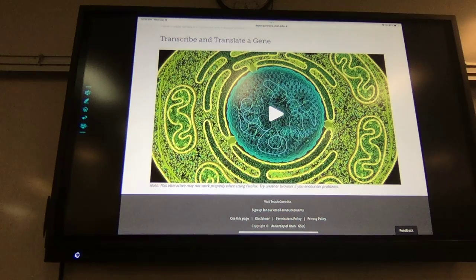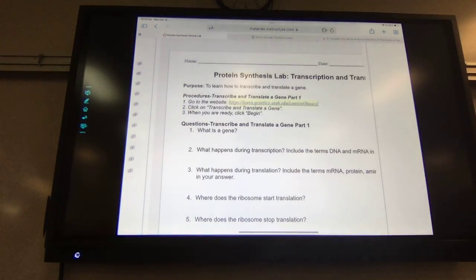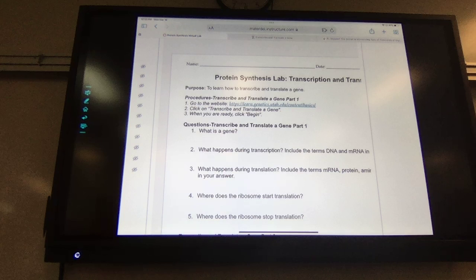If not, it's going to be homework for you to do it on a computer at home or a computer at our library, but let's see if it works for you. So once again, go over to the assignment Protein Synthesis Lab and click on that link. And then you have to click on transcribe and translate a gene and see if it works for you. Yeah. Okay, good.